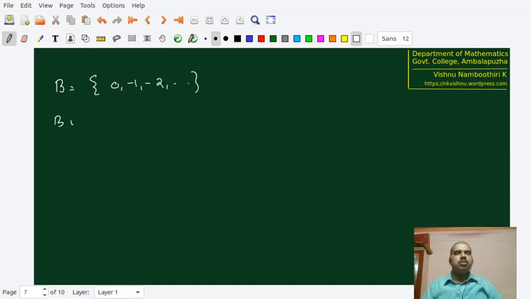Then B is bounded above by 0 and any other positive number after that, and LUB of B is equal to 0. This is also a guess.